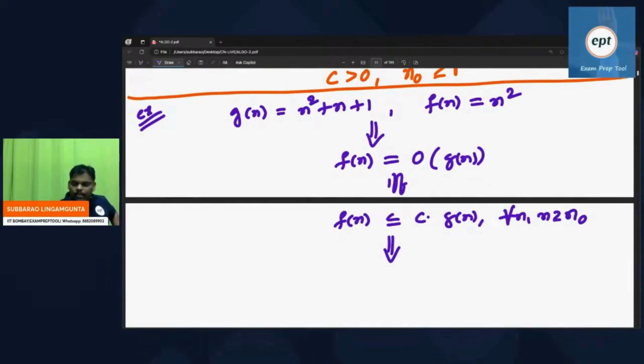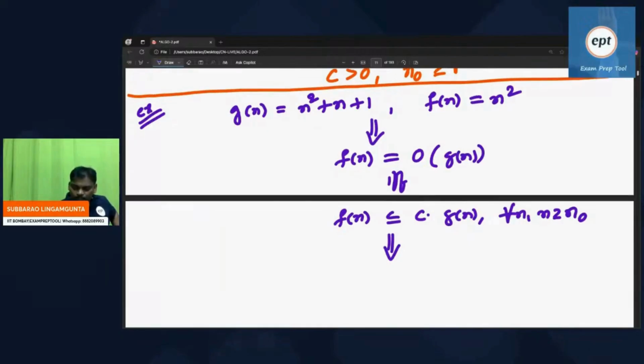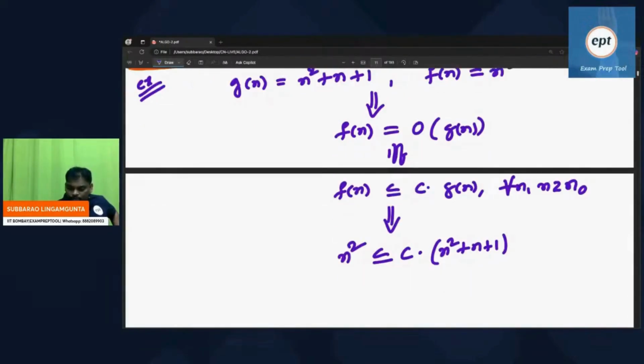F of n is n square, less than or equal to some c, into g of n, which is n square plus n plus 1. If you observe left and right, the right should be greater. Big O notation says that the right should be greater.